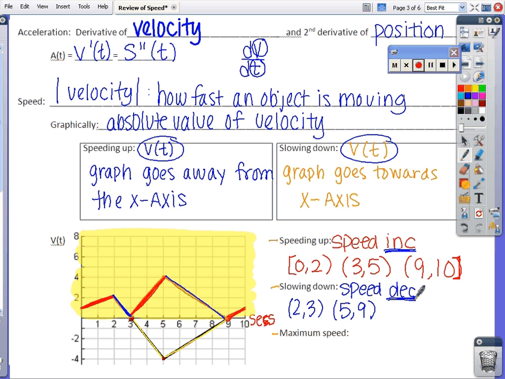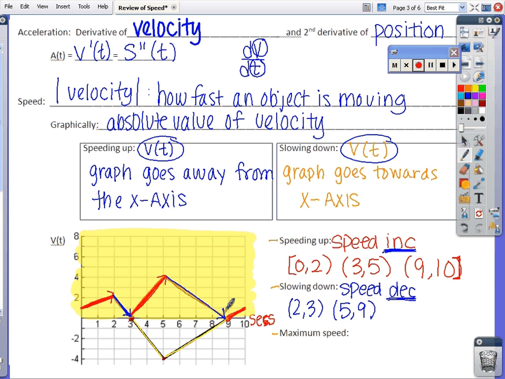That actually will still work, but I like using the words increasing. If you look at speed, speed will increase when you move away from the x-axis. So that's here and here. Speed will decrease when we go towards the x-axis. And so the definition I gave you up top with velocity really does work for speed, going towards and away from the x-axis.